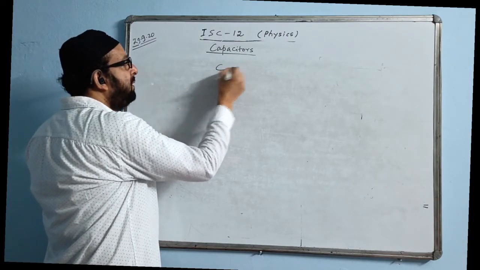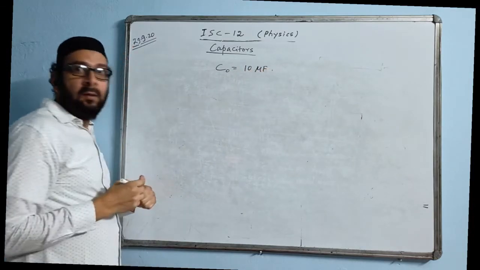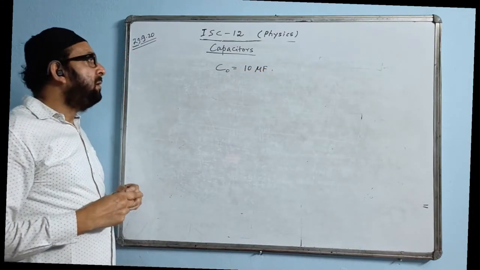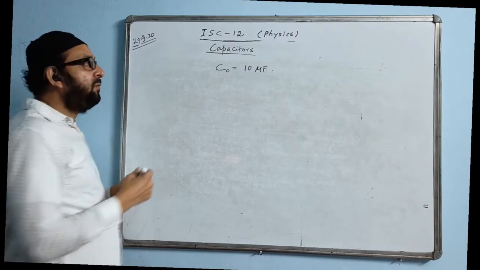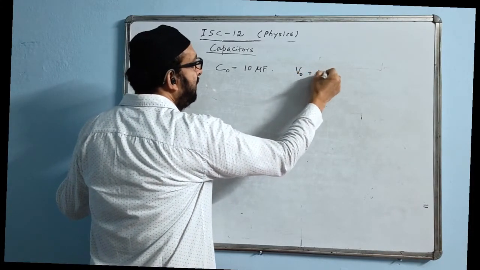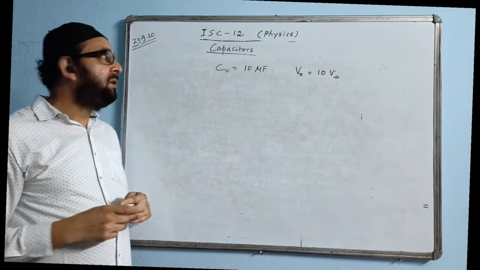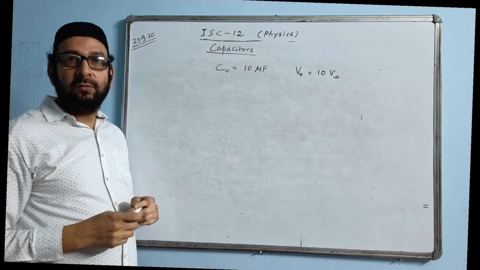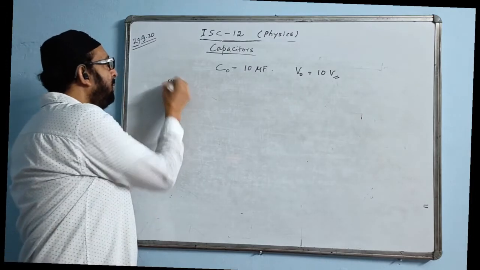Capacitance of air, that is the C0 value, is 10 microfarad, and it is charged with a PD of 10 volt. That is, the voltage is given as 10 volt. Find the energy stored in it. That is the first part of the question.